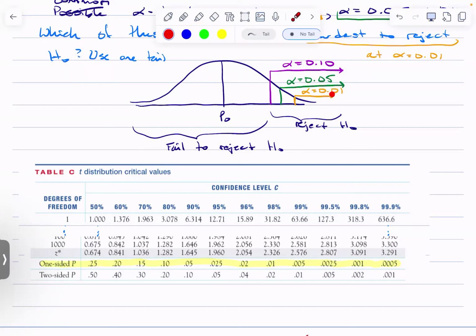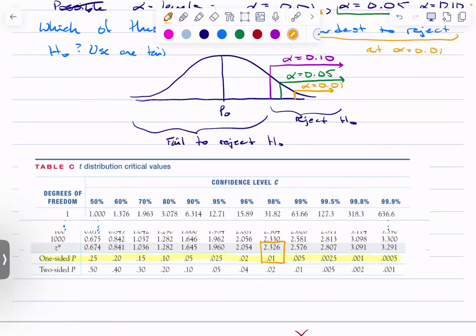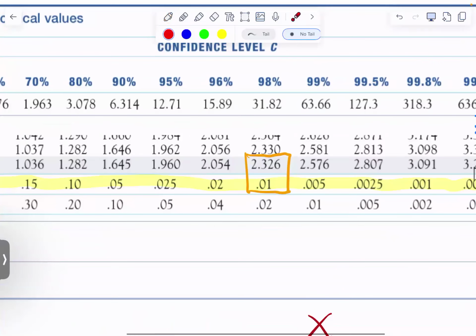So if I have alpha 0.01, oops, I drew it on the wrong side. That's going to be the same as saying, okay, if my Z is larger, so past 2.326, then I have enough evidence to reject H naught. And so you can use this.